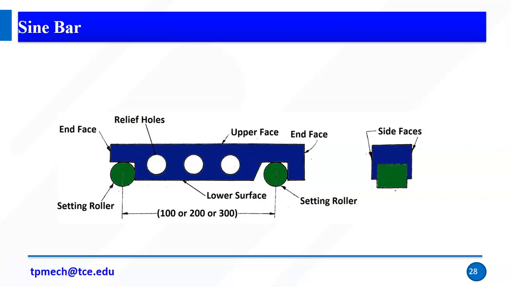It is all defined by the standards, primary and secondary standards, so we cannot change the sine bar material. If there is any contraction or expansion, it will accommodate it, and we need to design our sine bar material accordingly. That is why the sine bar always has a huge weight, right?